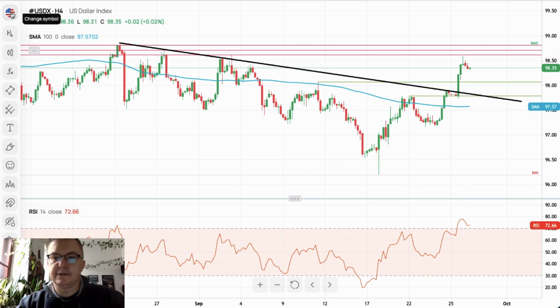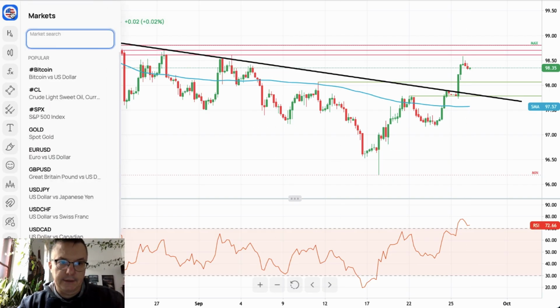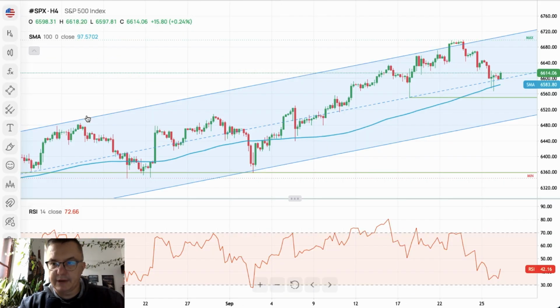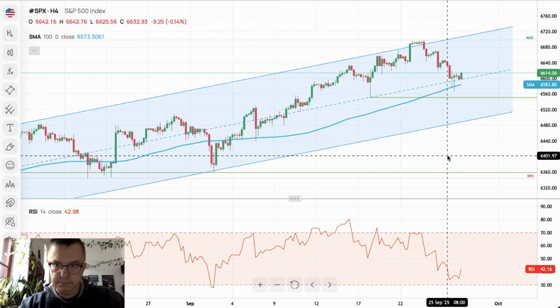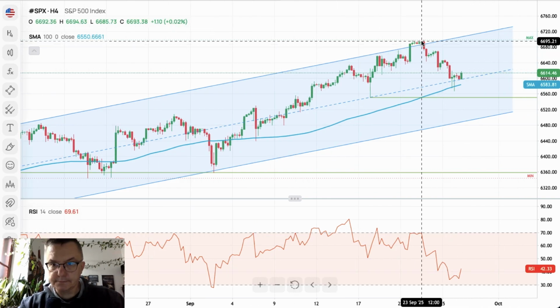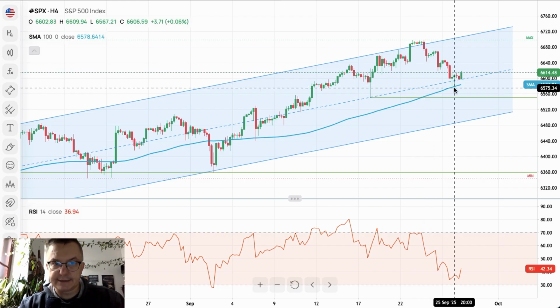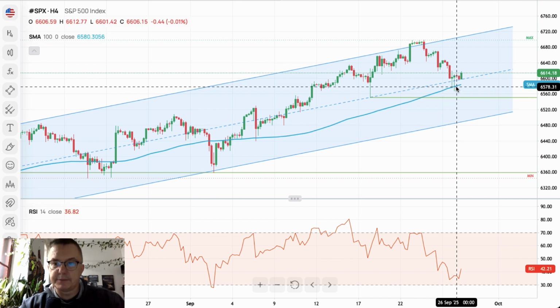So if the US dollar is gaining across the board and US dollar related pairs are going lower, what is the S&P 500 doing? The S&P 500 is extending the correction or the pullback. After hitting the upper channel line and the level of 6,697, we went as low as 6,567, where the 100 periods moving average is on a 4-hour time frame chart.